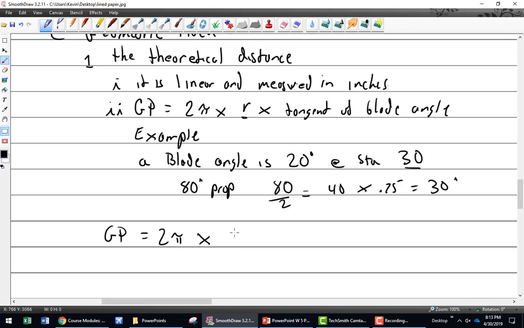It's 2 times R, which is equal to the diameter, right? R is 40. R should be the radius, but that doesn't work out that way. Hang on. Take a break.